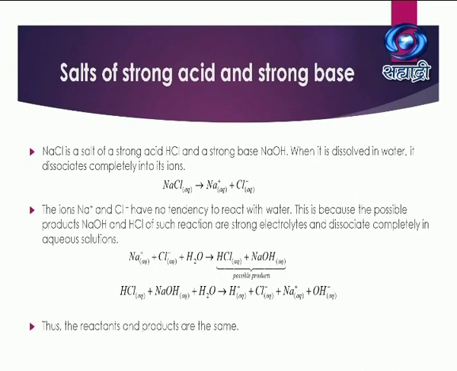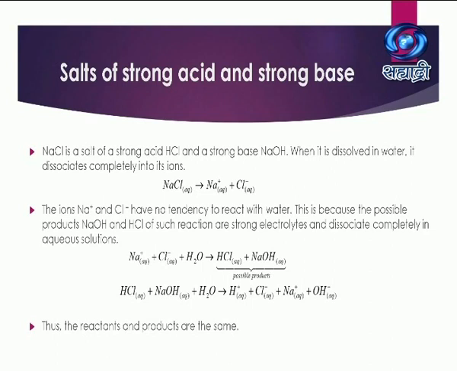In the earlier part, we saw sparingly soluble salts. So now, as far as the hydrolysis phenomenon is concerned, we are considering all completely soluble salts. So whenever sodium chloride is dissolved in water, it dissociates completely into the ions as NaCl aqueous gives Na plus aqueous plus Cl minus aqueous.